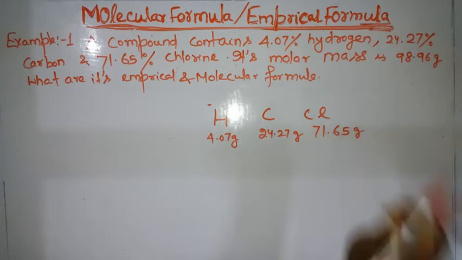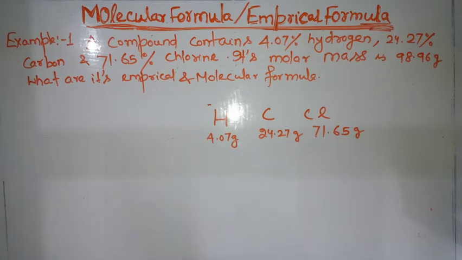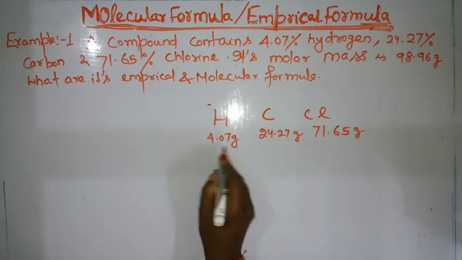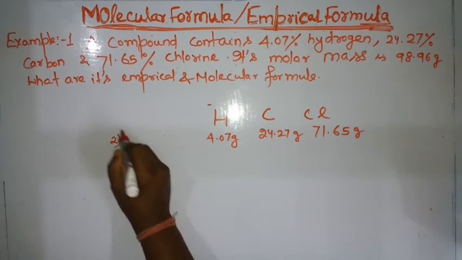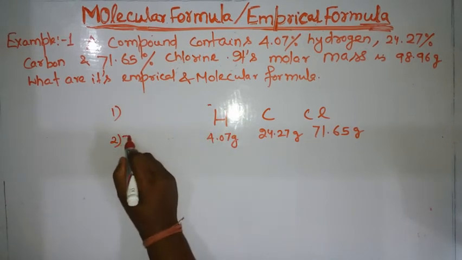Hydrogen is 4.07 gram, carbon is 24.27 gram, and chlorine is 71.65 gram. Clear? In the next step, I told you to divide the mass of each atom by its atomic mass to get the number of moles.